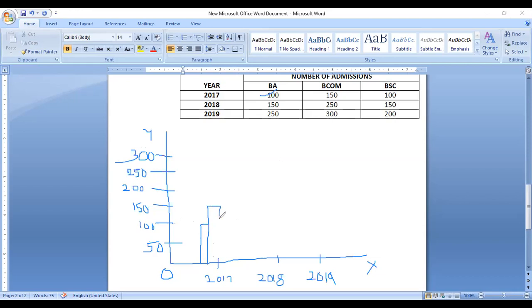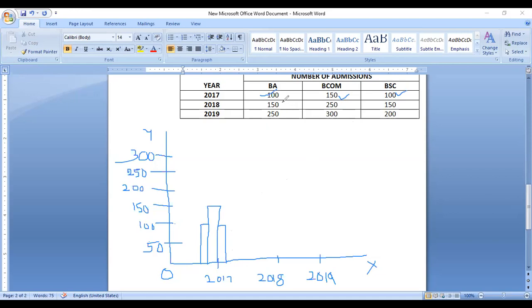Second bar is for BCom. Then BSc again 100 admissions. So in this year only, BSc 100 admissions. So you can see multiple variables I am showing for the same year. That is why this is known as multiple bar diagram.